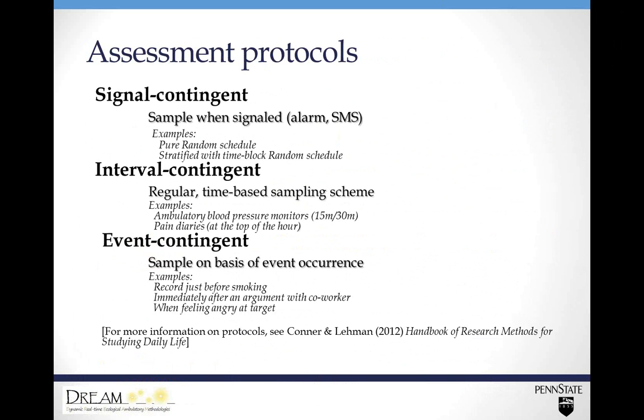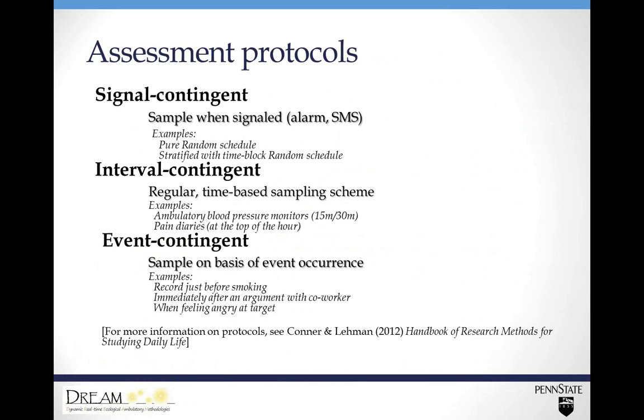You could text message them, something to prompt them to give you a response. Typically we would do that when we want to randomly or pseudo-randomly, stratified throughout the day, capture normative, naturally occurring experiences. So we might send them a reminder in the morning, the afternoon, and the evening to get responses.